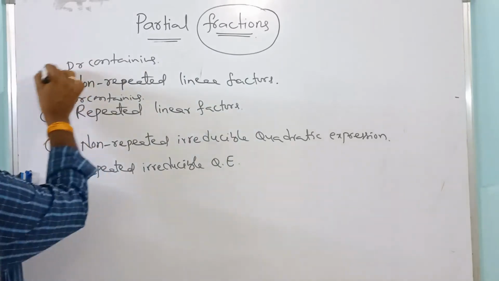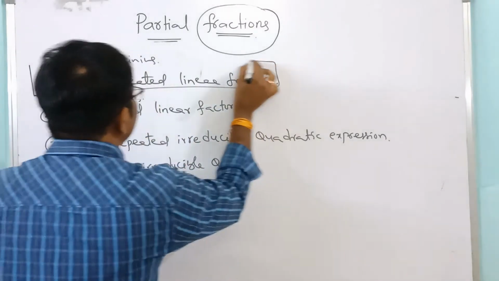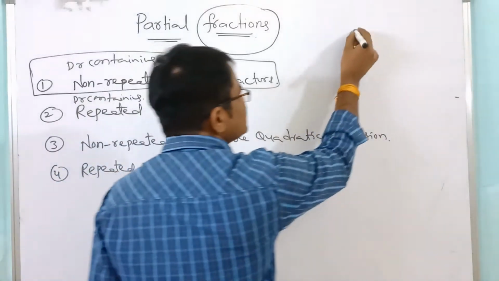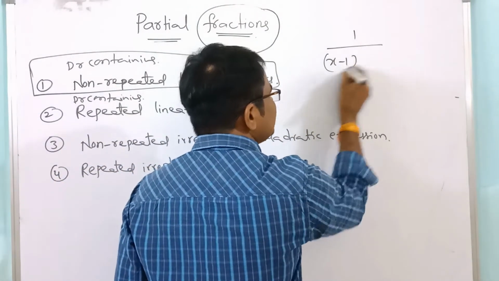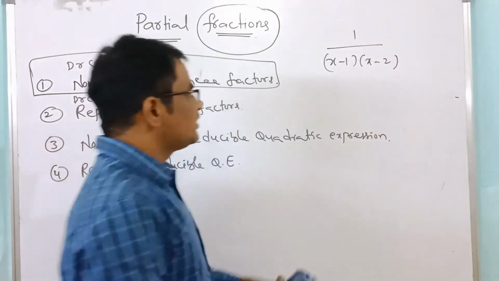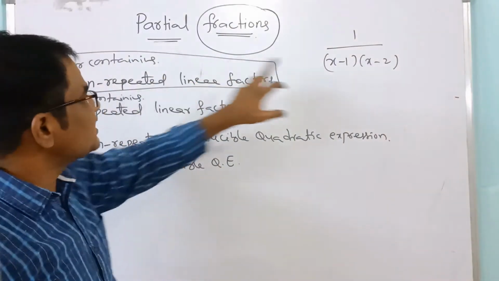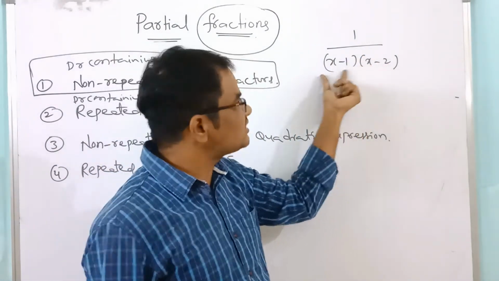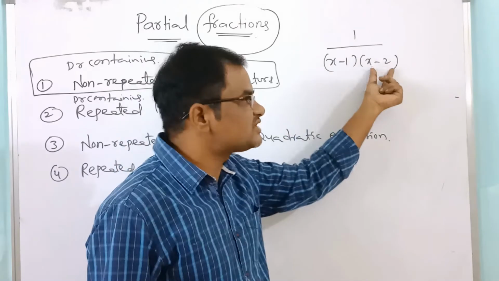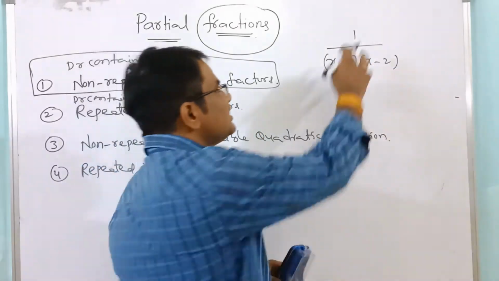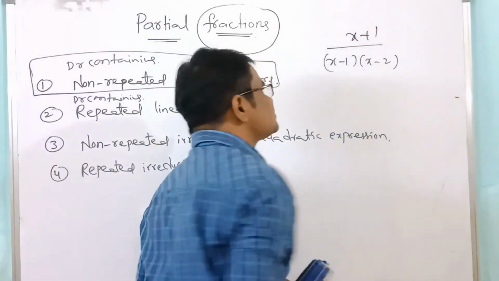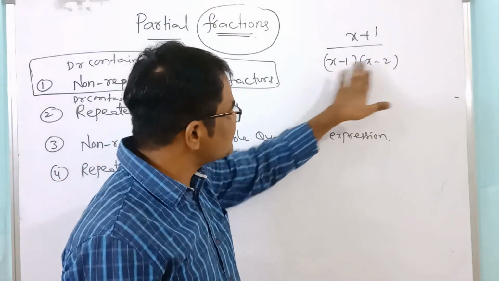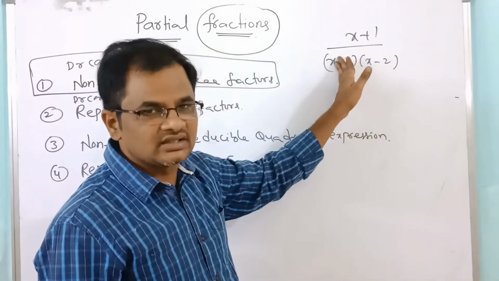Here see, first one is the denominator containing non-repeated linear factors, means like this 1 by x minus 1 x minus 2. So denominator contains what? Distinct linear factors. This is one linear factor, this is also another linear factor. Both are distinct, means this is different from this one. And suppose like this also you can write x plus 1 by x minus 1 x minus 2, these are distinct.